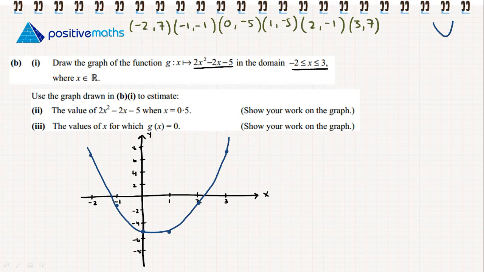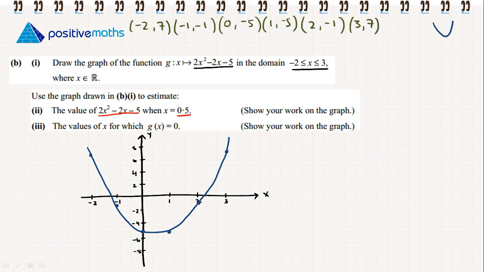Now let's look at part 2. Use the graph drawn in the first part, so the graph we've drawn below, to estimate the value of 2x squared minus 2x minus 5 when x is equal to 0.5. They also tell us to show your work on the graph. So we need to estimate the value of this function when x is equal to 0.5.